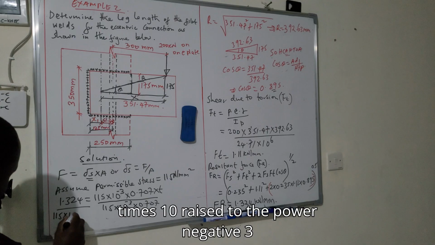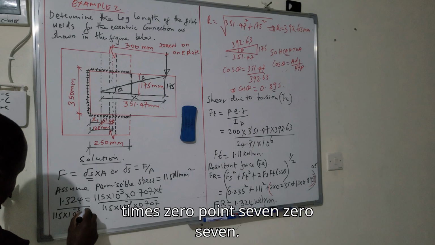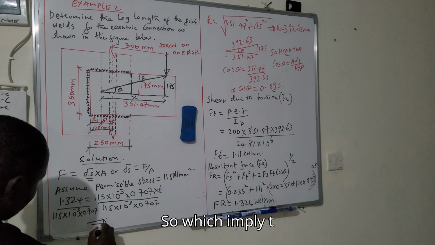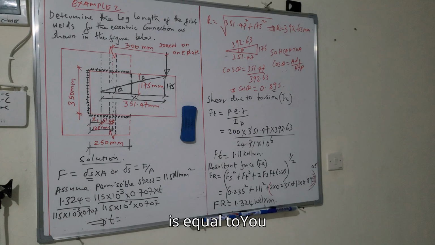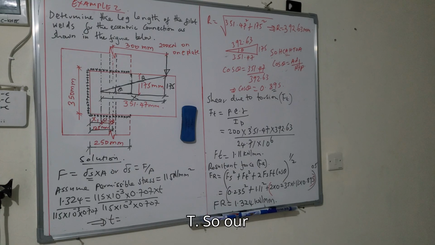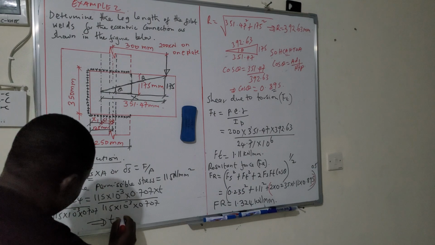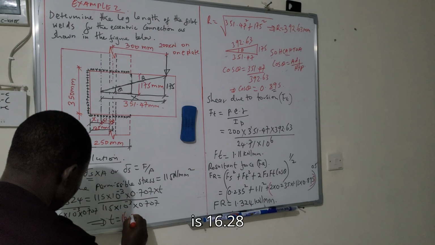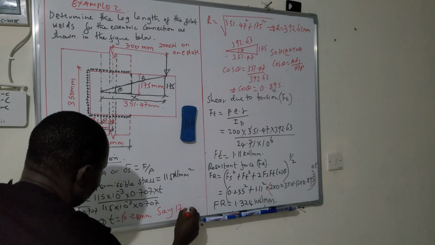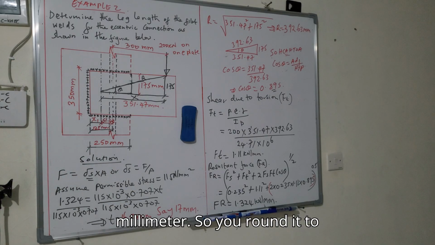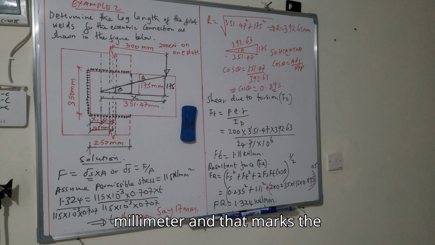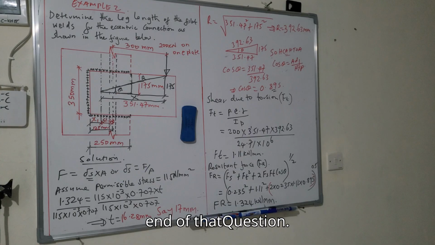Which imply T is equal to, you punch your calculator to obtain T. So our T is 16.28 millimeter, say 17 millimeter. So you round it to next whole number, which is 17 millimeter. And that marks the end of that question.